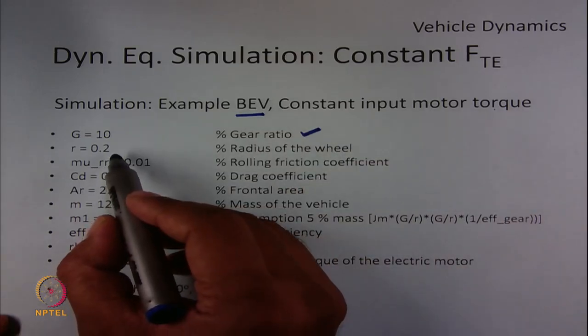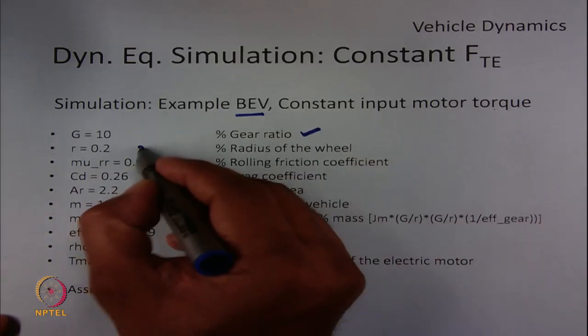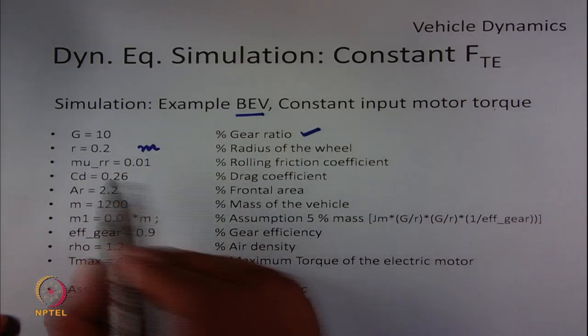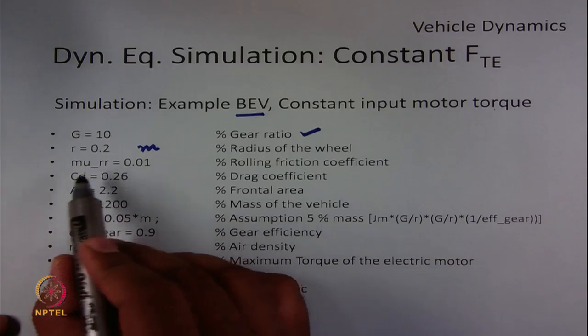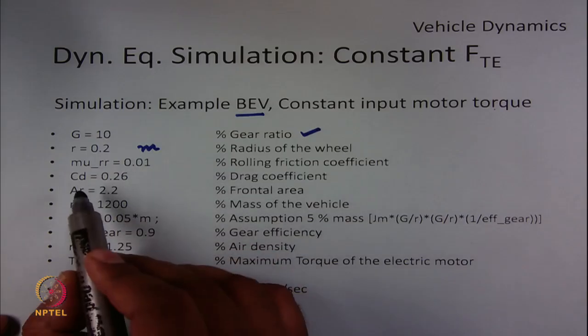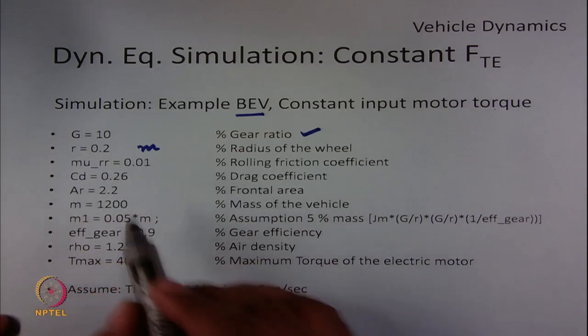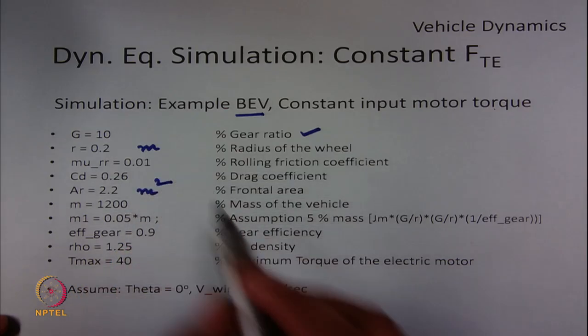The radius of the wheel is 0.2 meters. The rolling resistance coefficient, which is mu RR, is 0.01. The drag coefficient due to aerodynamic force is 0.26. The frontal area is 2.2 meter square.